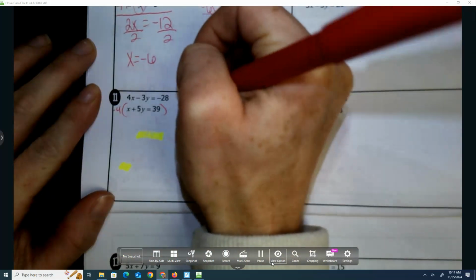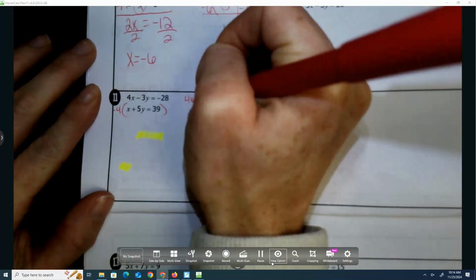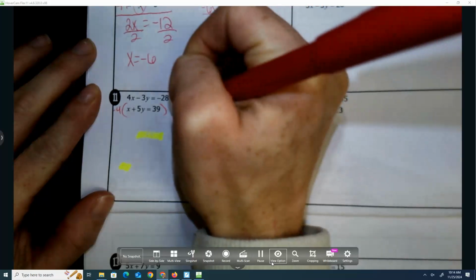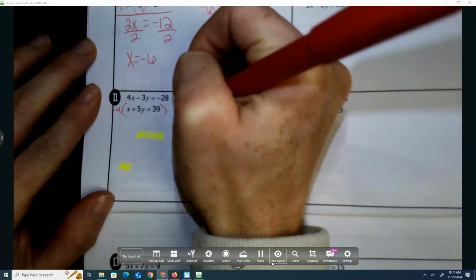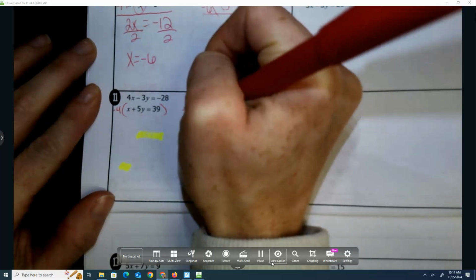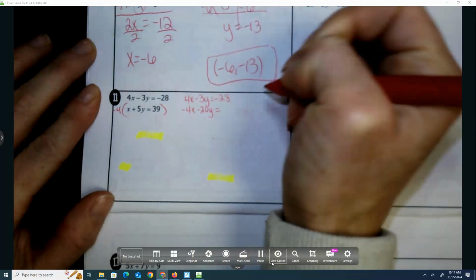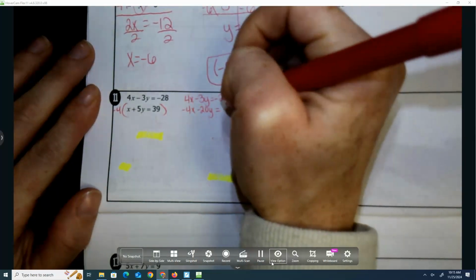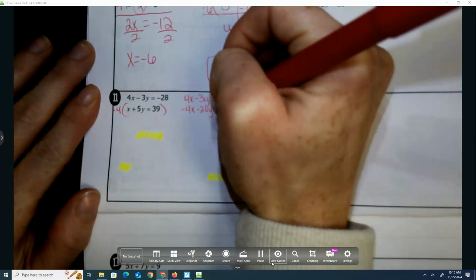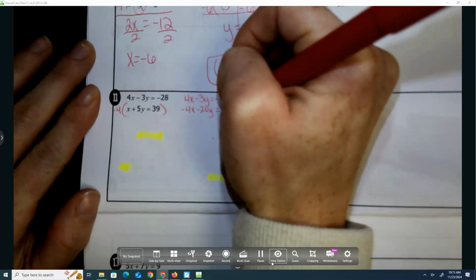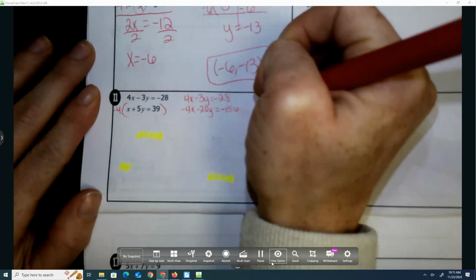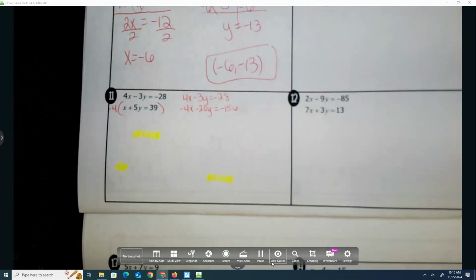So the first one stays the same. Second one would be -4x minus 20y equals, what's -39 times 4? -156. Is that right?